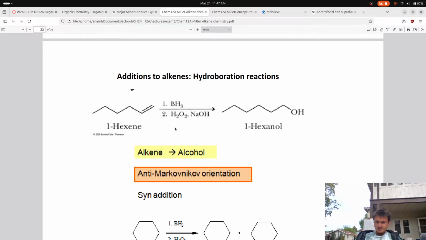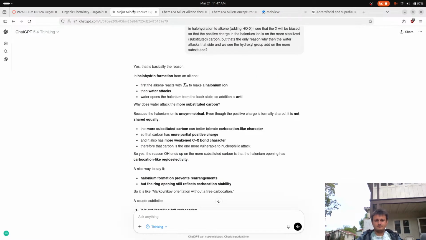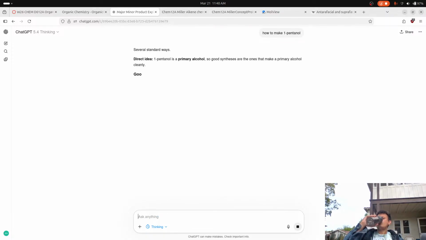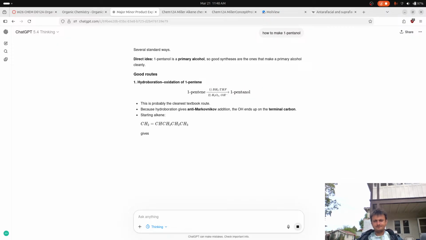Hydroboration, I think, is also adding alcohol. So this is. Interesting.